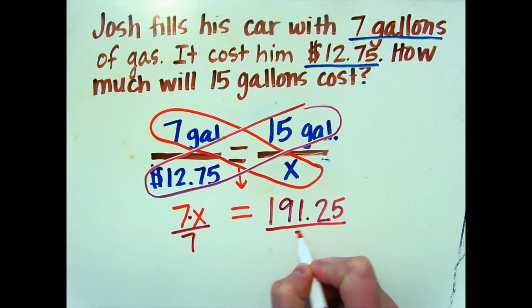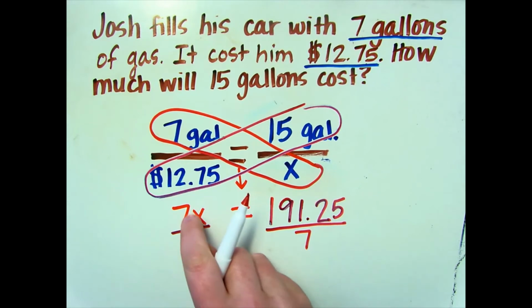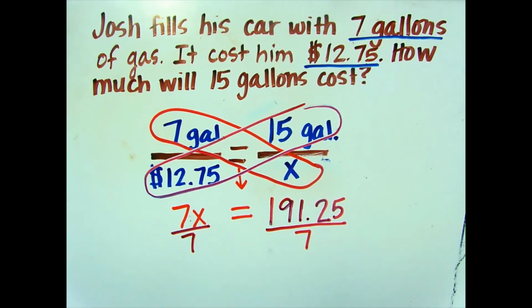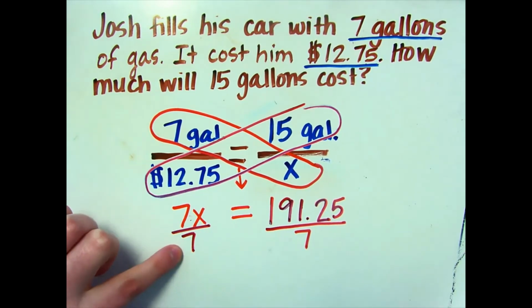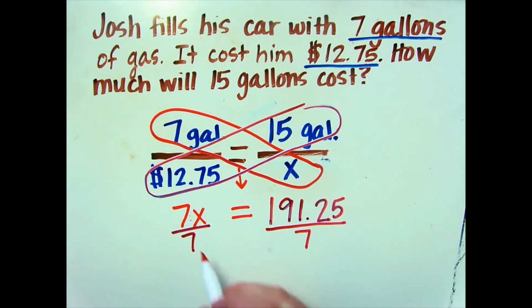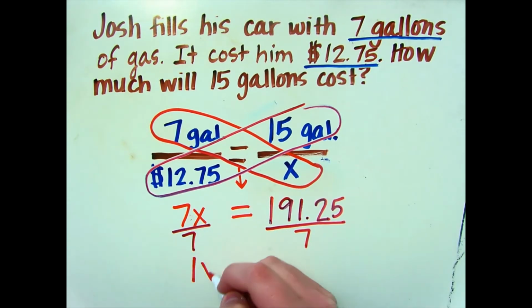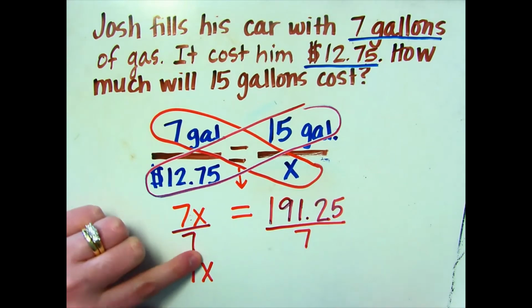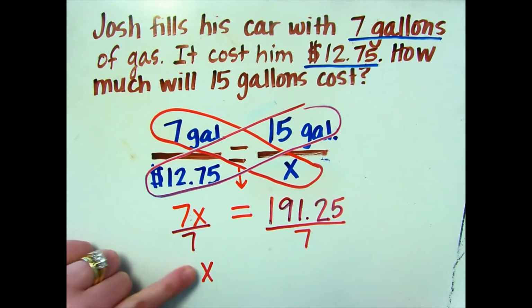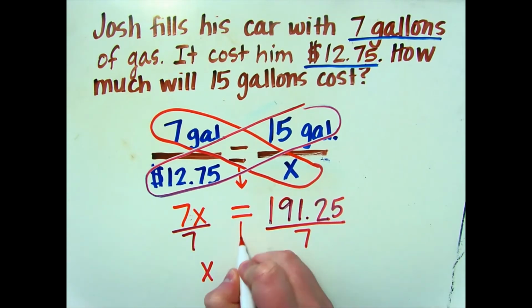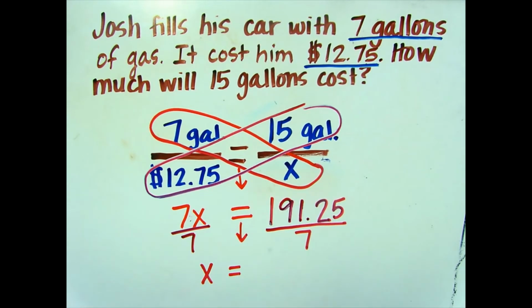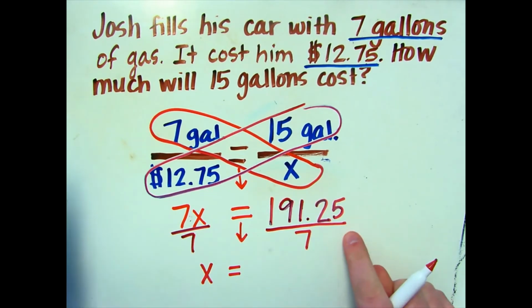And we already know on an equation, whatever you do on one side, you have to do to the other. So that's why I wrote it twice. 7 divided by 7 gives me 1, and I'm still left with an x. I could write 1x, or I could leave that 1 off and just write x. That's the same thing. Then my equal sign comes down again. And then I'm going to divide this.